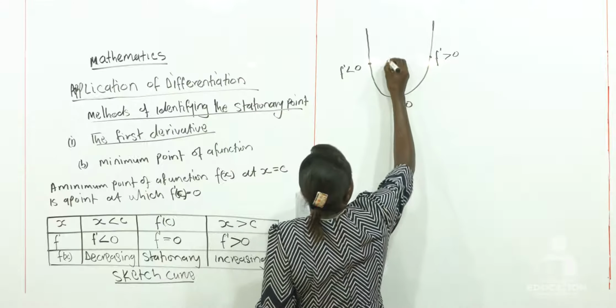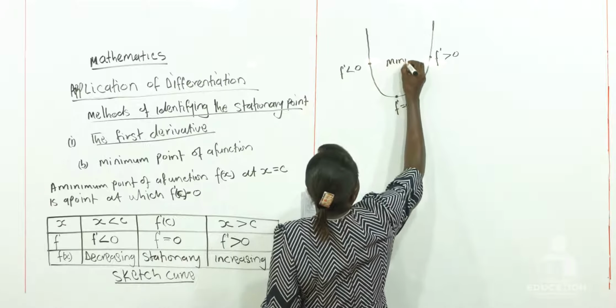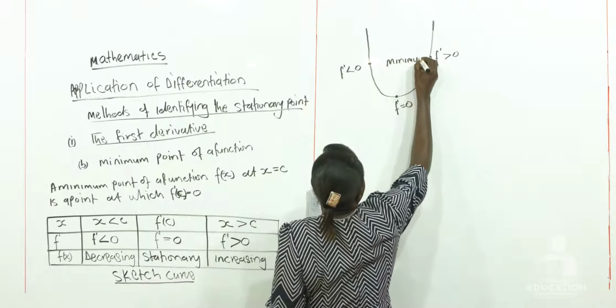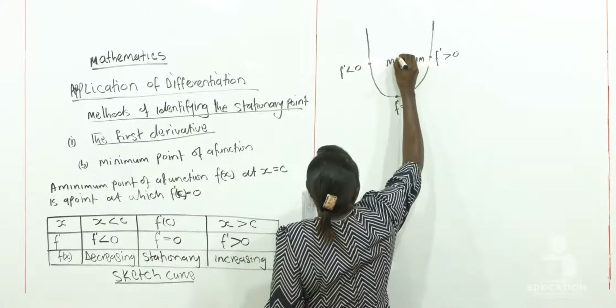So this is what we call a minimum point or a minimum turn.